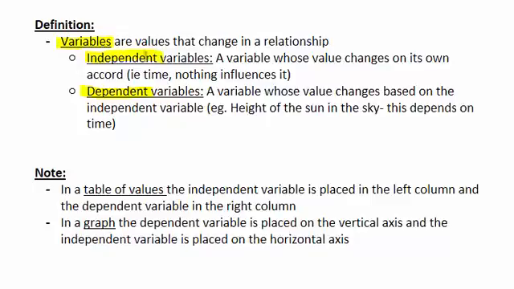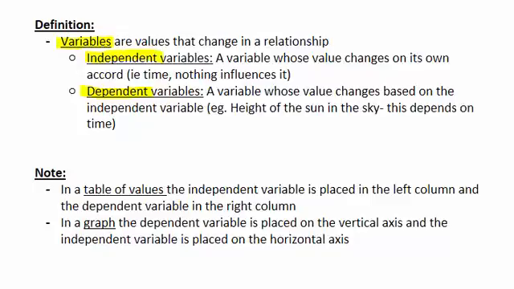variable, which is time. A couple things to note: in a table of values, the independent variable is placed in the left column, and the dependent variable is placed in the right column. In a graph, the dependent variable is placed on the vertical axis, and the independent variable is placed on the horizontal axis.